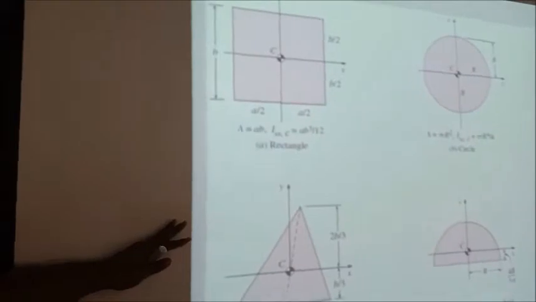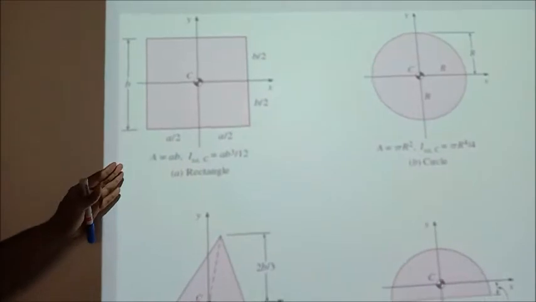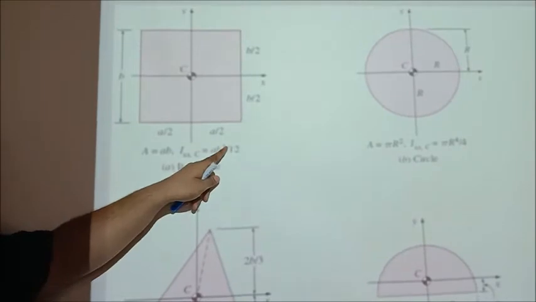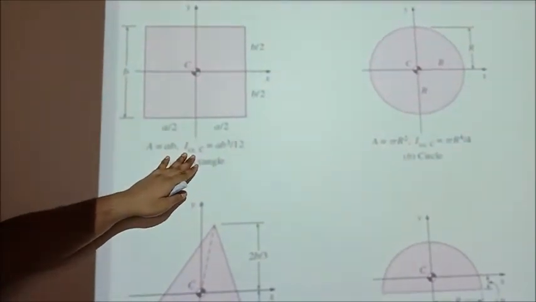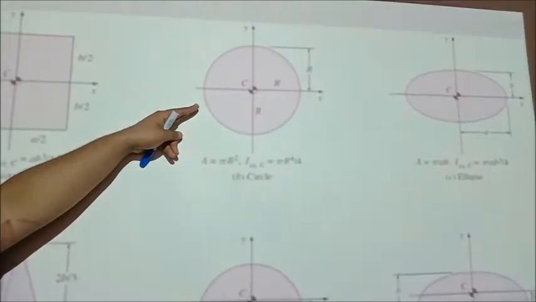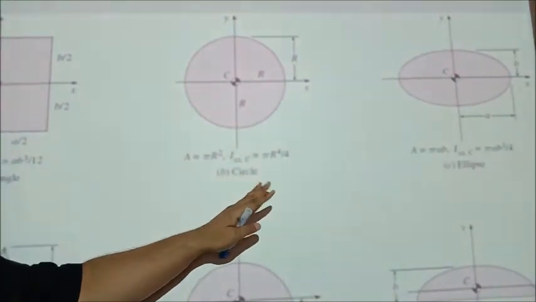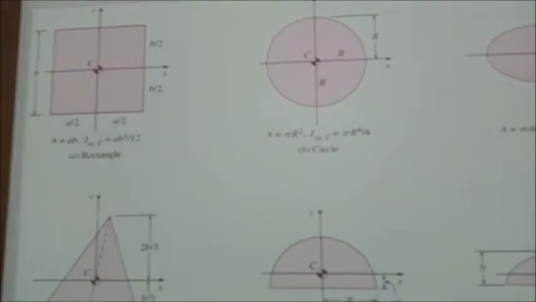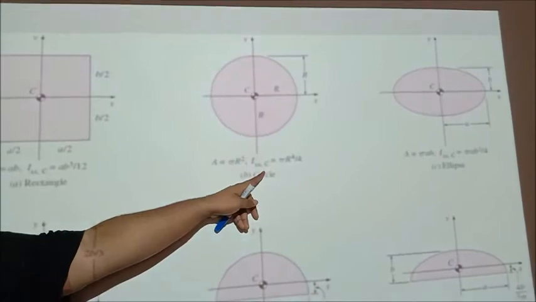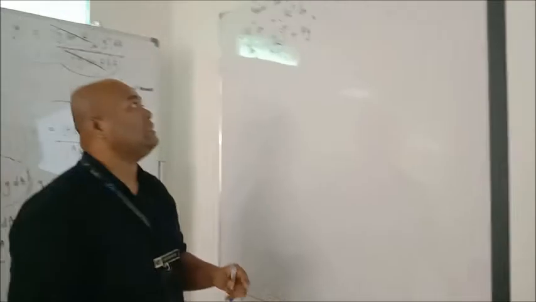If you Google the moment of inertia for certain shapes, it will be different. For a rectangle, b h cubed over 12 is the I CC. But for a circle, the I CC becomes pi R to the power of 4 over 4. It's different, so different kinds of questions. If your flat surface is in the form of a circle, apply the I CC using this equation. It will always be given during the examination.